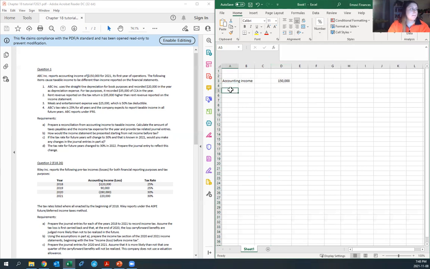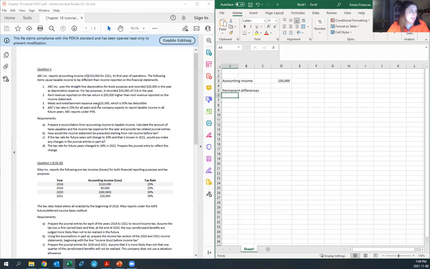Now for my permanent differences, I'm going to go back, and is there any that sounds like a permanent difference? So any that under tax laws are not deductible? Well, straight line depreciation and CCA, that's fine. Our rent revenue is higher, that's fine.